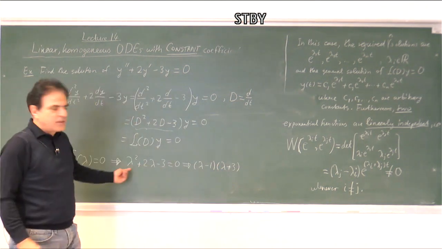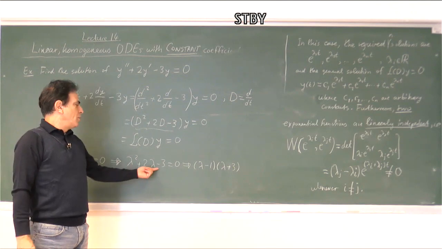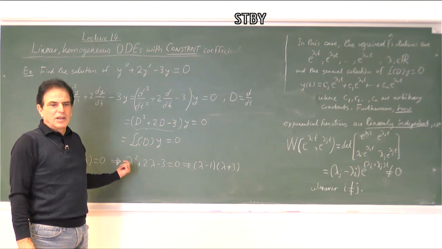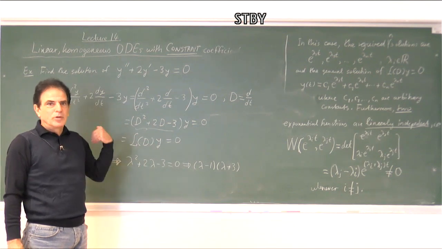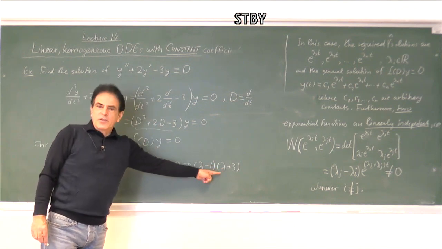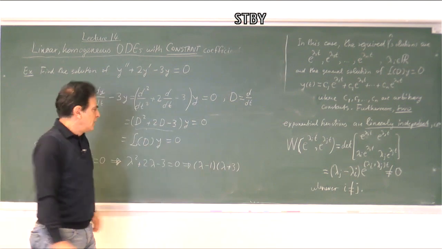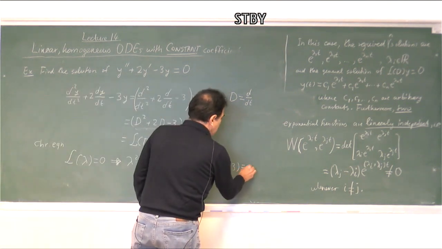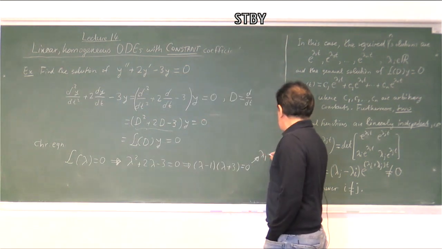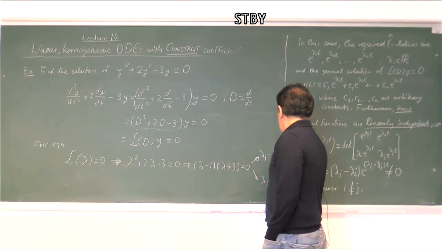The polynomial on the left-hand side, we call it the characteristic polynomial of the differential operator. So the characteristic polynomial may be factorized in this way, to give two real and distinct roots: lambda 1 is 1, lambda 2 is minus 3.